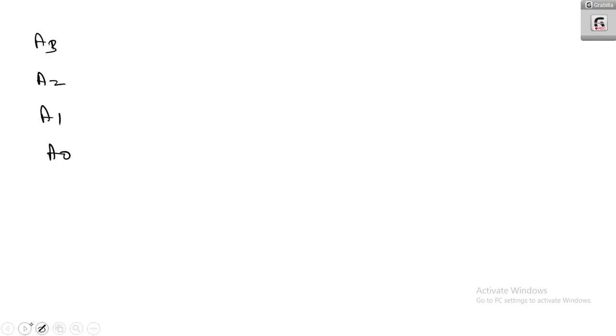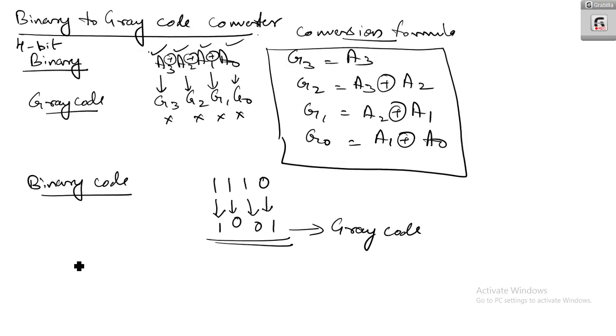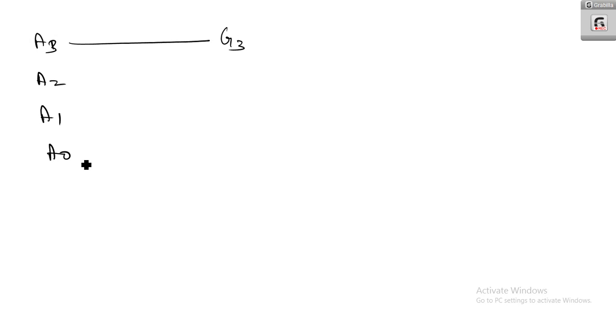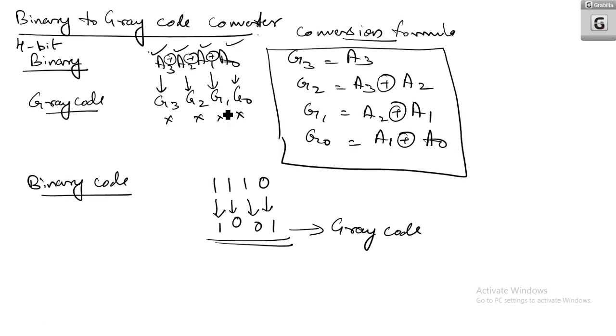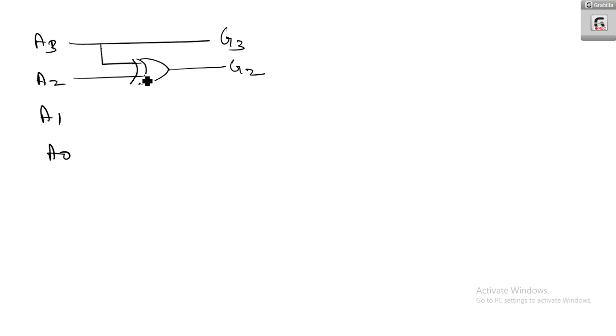Now coming to G3: G3 is A3 itself. Now what is G2? A3 XOR A2. So G2 is A3 XOR A2. Now what is G1? G1 is A2 XOR A1. So A2 is there, A2 XOR with A1.